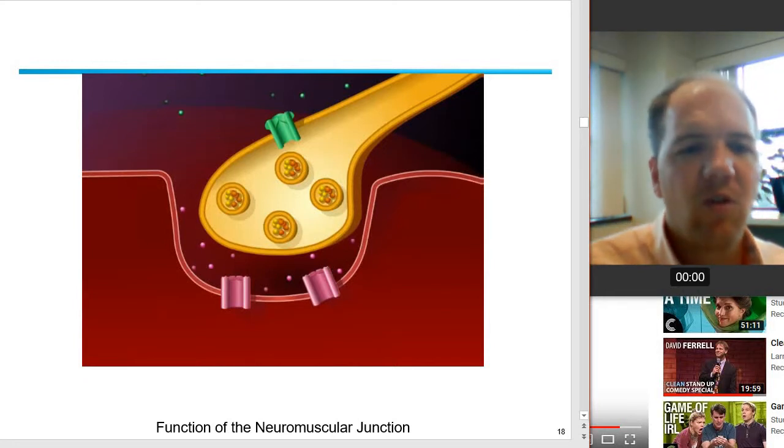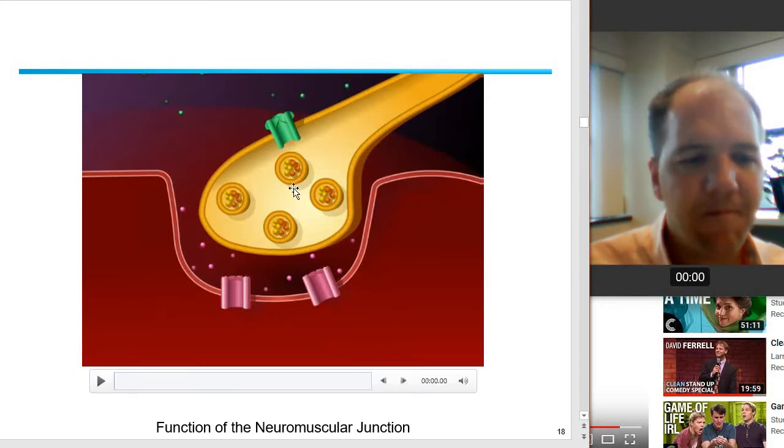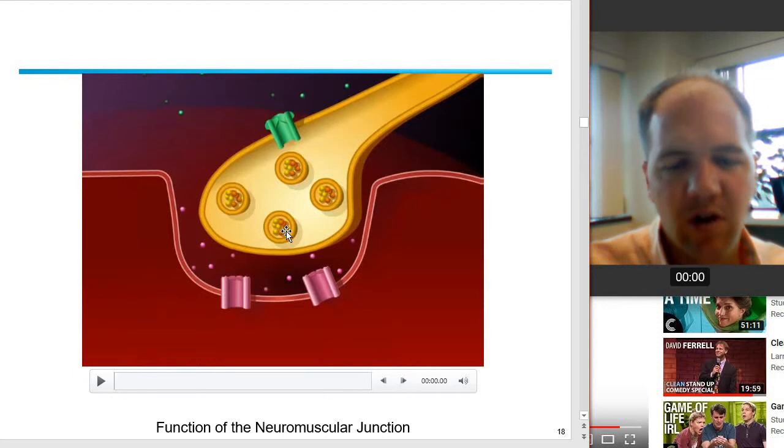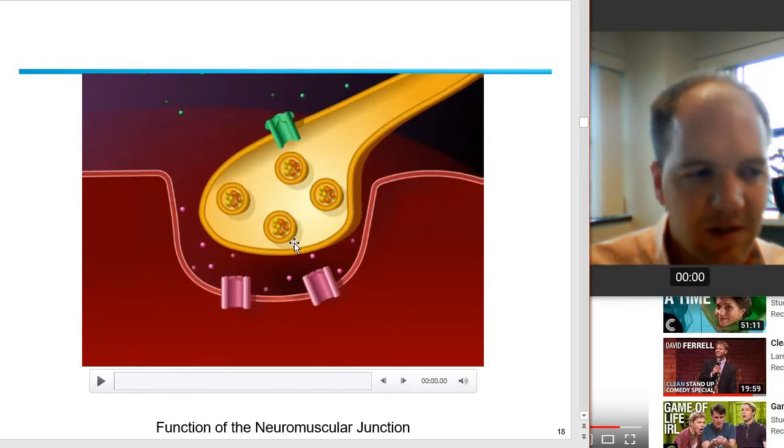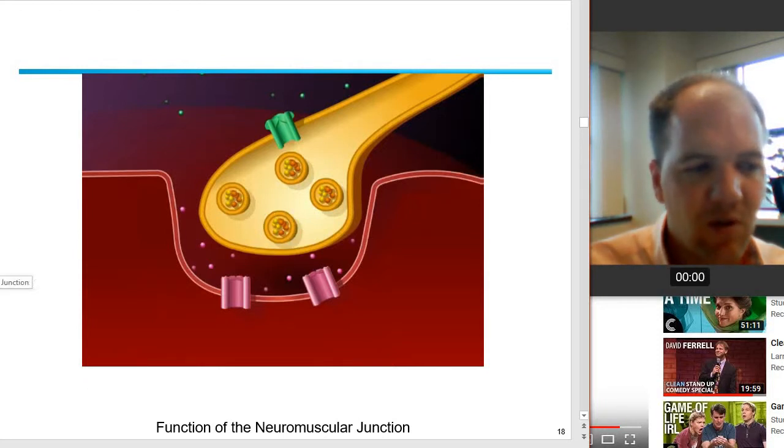So the nervous system is an electrical signal that's coming down. And at this neuromuscular junction, this message from the neuron needs to get across to the muscle to tell it to contract. And so we have some chemicals here. This is the interesting part. Our nervous system is sending an electrical signal down, but when it reaches the muscles, there are some chemicals that have to be released that tell the muscle to contract.